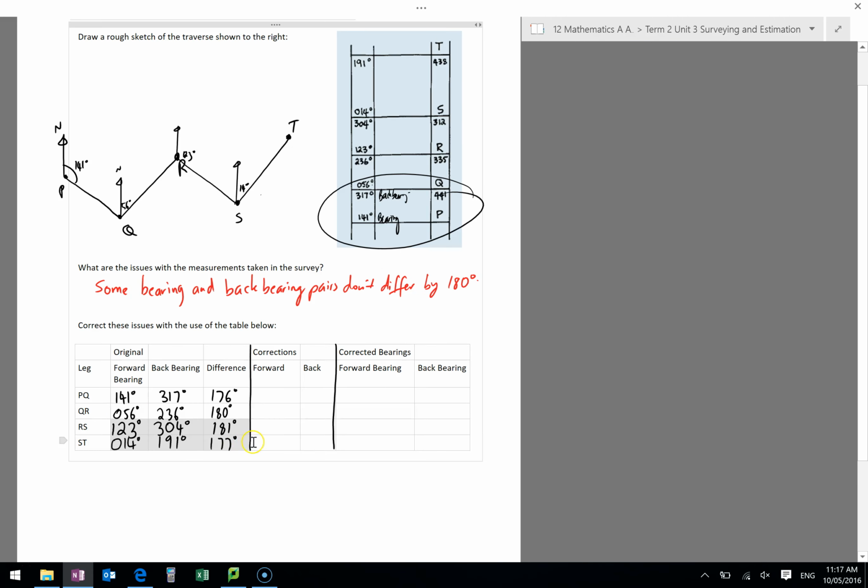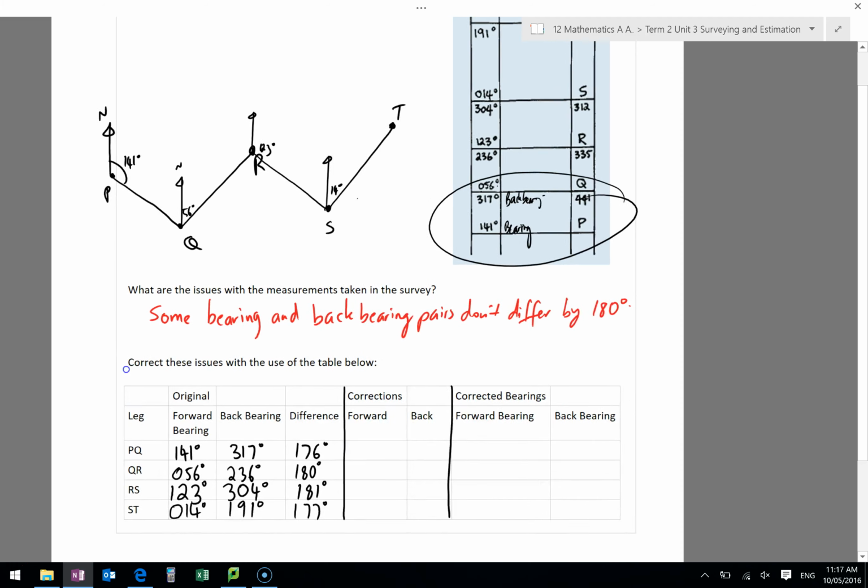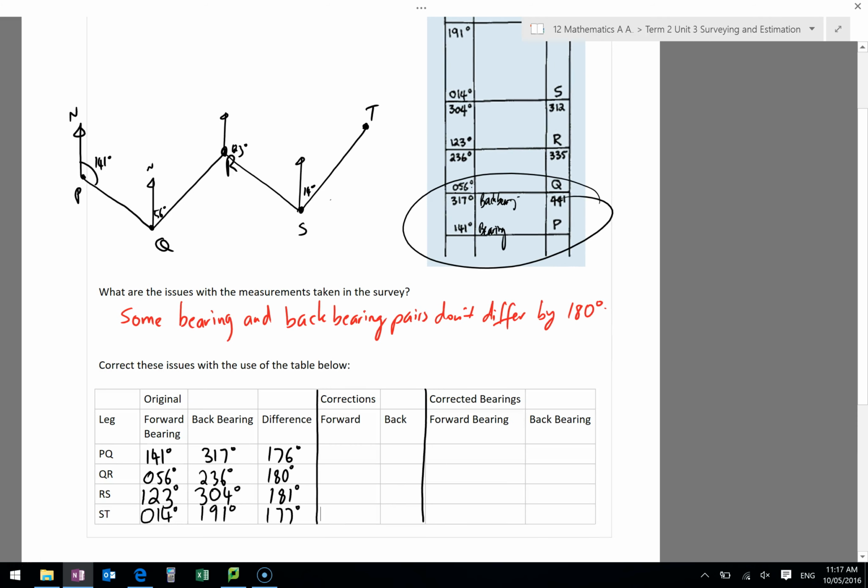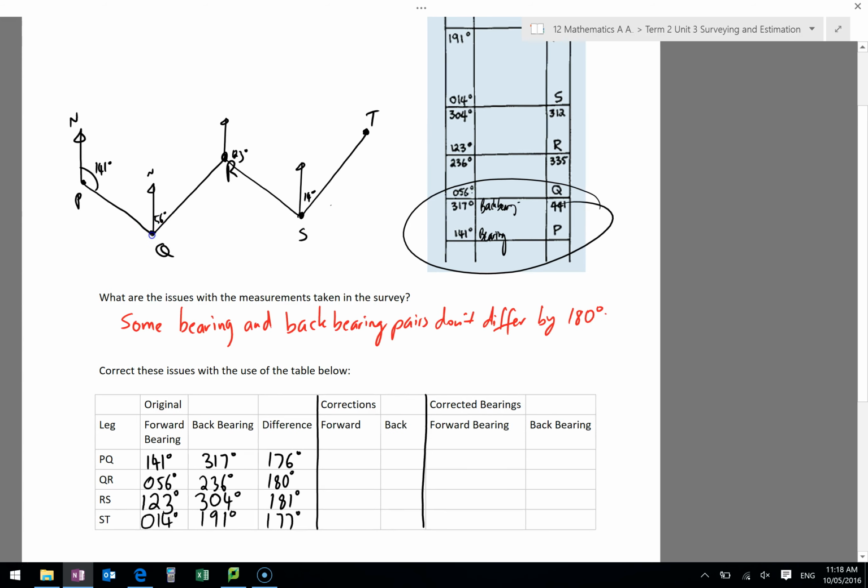You can do it. All right, now comes the tricky part. The reason why some of these bearings are incorrect is because at some of these points there could be, for example, a big set of power lines around here, which would be messing with the operation of our compass.